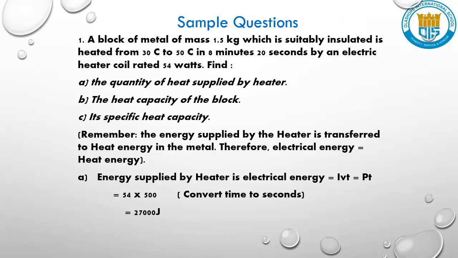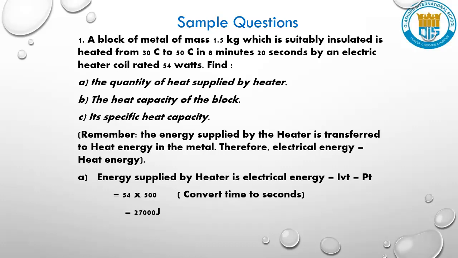Now, what we said about conservation of energy works here again. The heat that is being gained by the metal is the heat being lost by the electric heater. So for you to know the heat gained by the metal, you must calculate the heat that is lost by the electric heater.